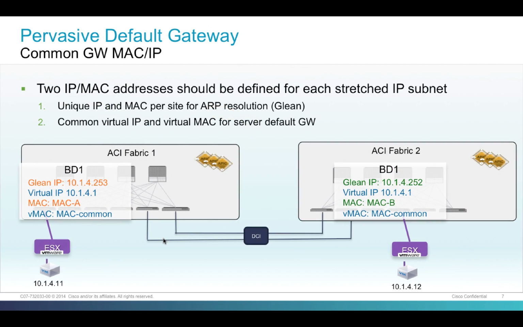Going back to the innovation that we're trying to introduce in this environment, something that is kind of new and coming to ACI is the fact that now not only are we able to configure the secondary IP address that is used to source the ARPs, but we can also configure a virtual MAC address.